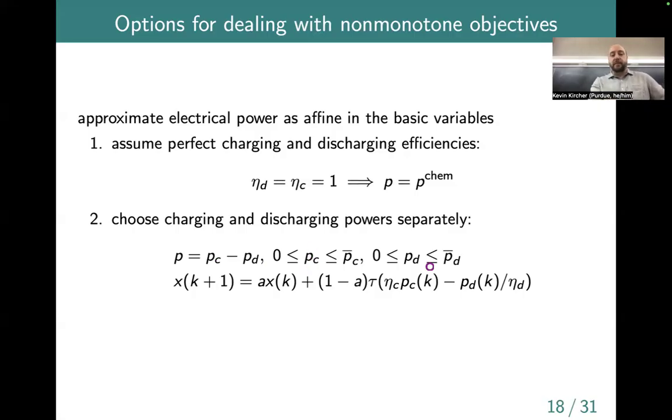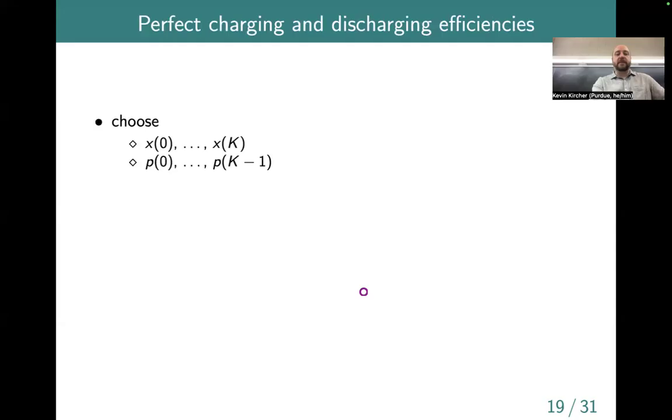So now we're dealing with two variables, and then our dynamics become a little bit simpler. We can write them in terms of the electrical powers rather than the chemical power. And so we have linear dynamics, and the objective function, I'll show in a sec, also becomes a linear function. And so we're back to being okay.